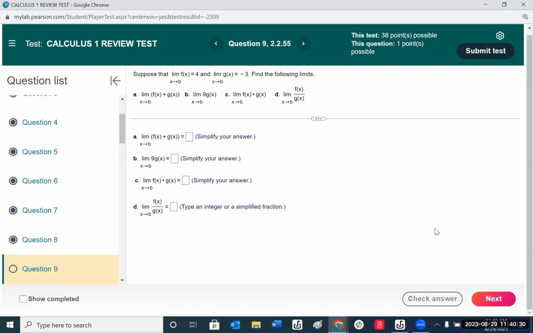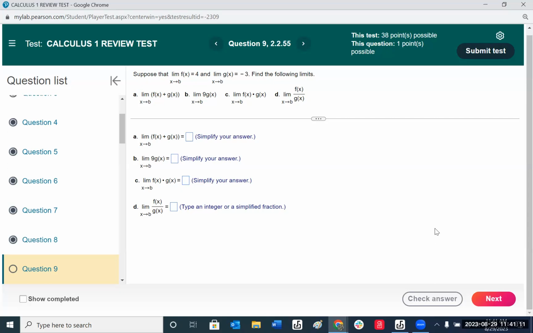This is number 9. So suppose the limit of f of x as x approaches b is 4, and the limit of g of x as x approaches b is -3. Find the following. A, the limit of f of x plus g of x as x approaches b.